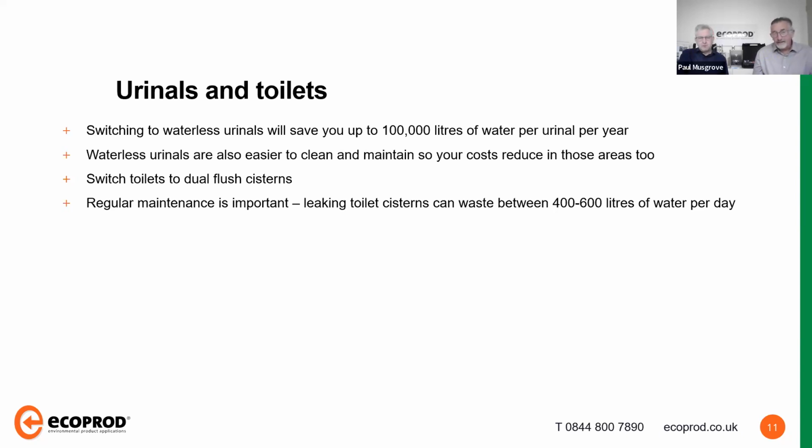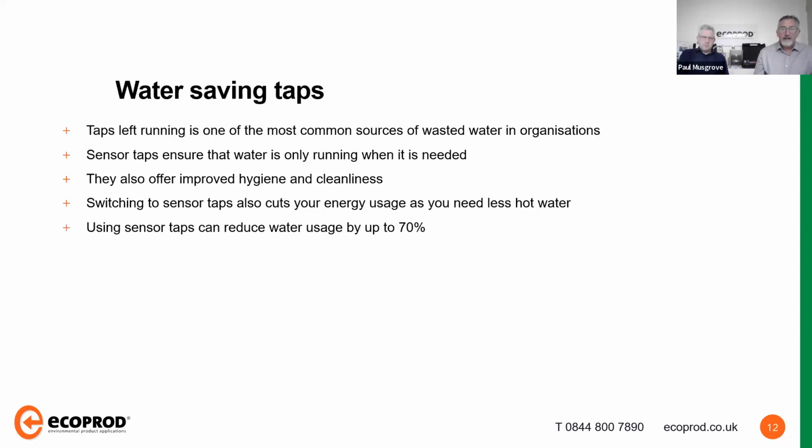And of course, maintenance. It's great installing products, but if they're not maintained properly, then you could be losing water down the back of a pan, which is invisible to be seen. So in principle, using less water is absolutely the key point of any water conservation, and urinals and toilets are big users of water, and we've got solutions for quick wins there to help your businesses.